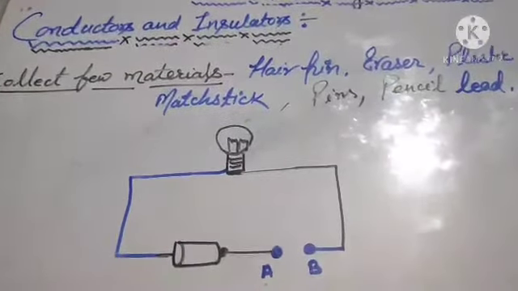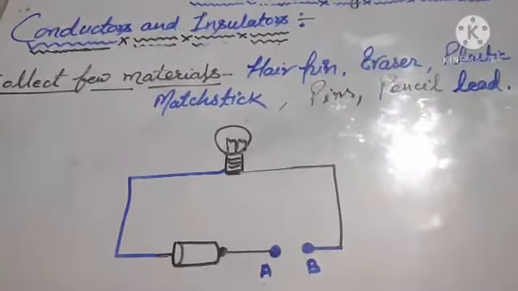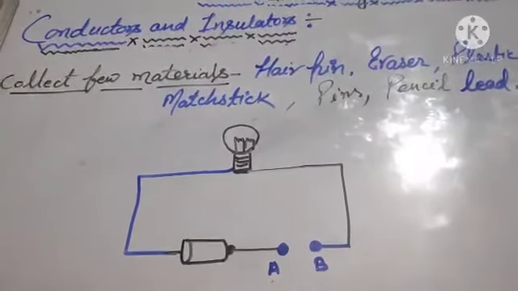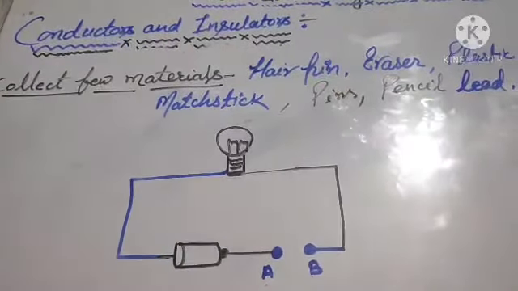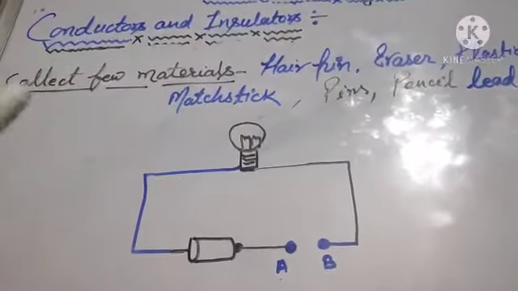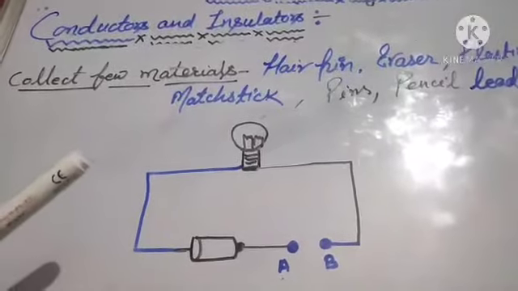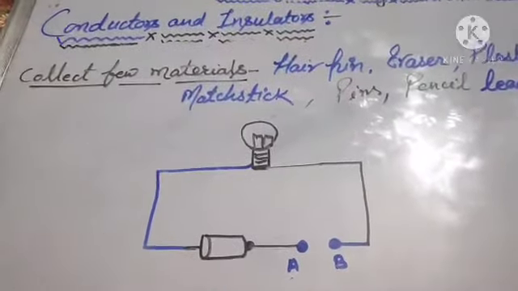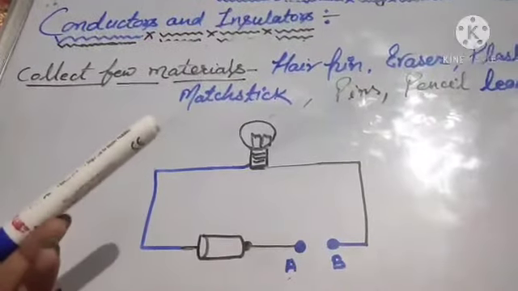Wires are covered with a plastic layer because plastic is an insulator, and if we use bare wires we may get an electric shock. So that's why wires are coated or covered by insulating materials such as plastic.